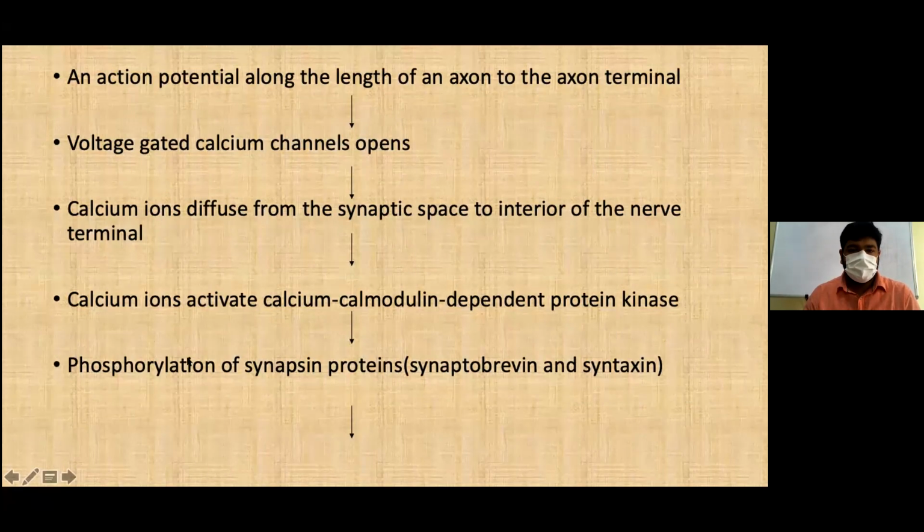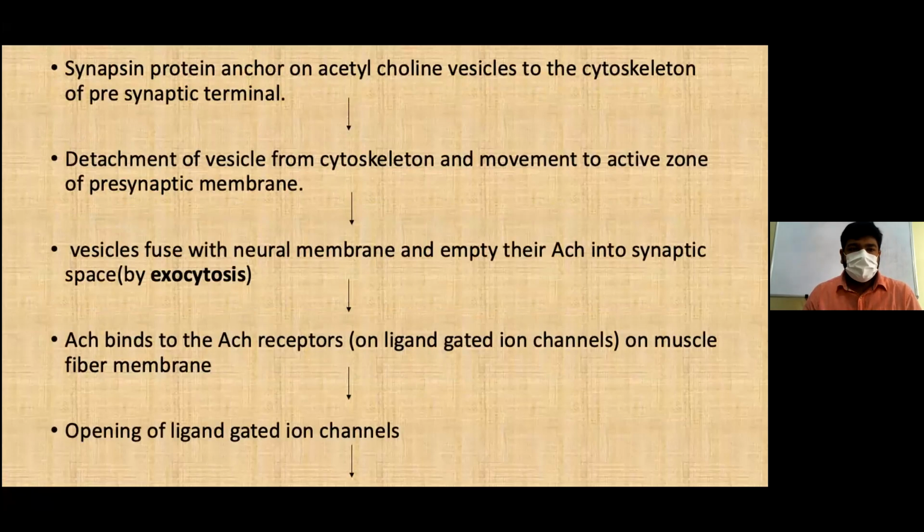It causes phosphorylation of synapsin proteins. The synapsin proteins anchor the acetylcholine vesicles to the cytoskeleton of the presynaptic terminal. It causes detachment of vesicles from the cytoskeleton and movement to the active zone of the presynaptic membrane. These vesicles then fuse with the neuronal membrane and empty their acetylcholine into the synaptic space by exocytosis.